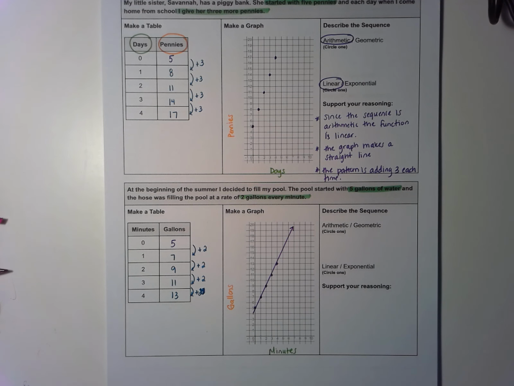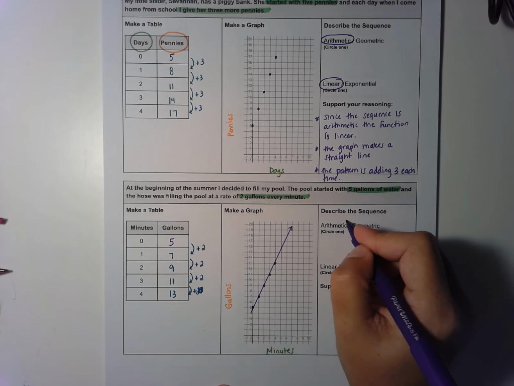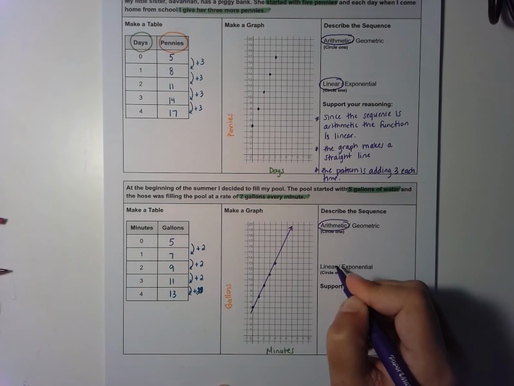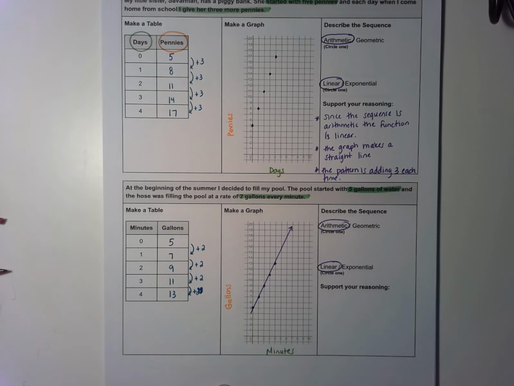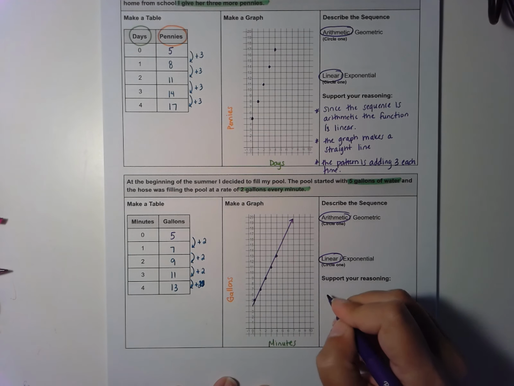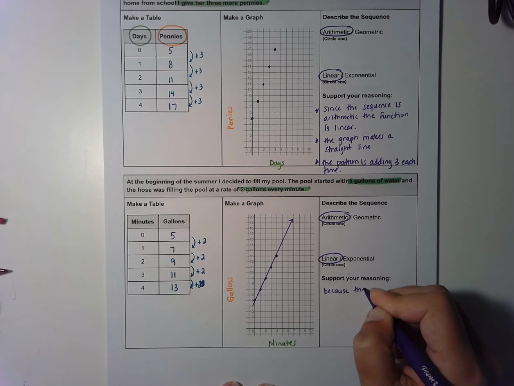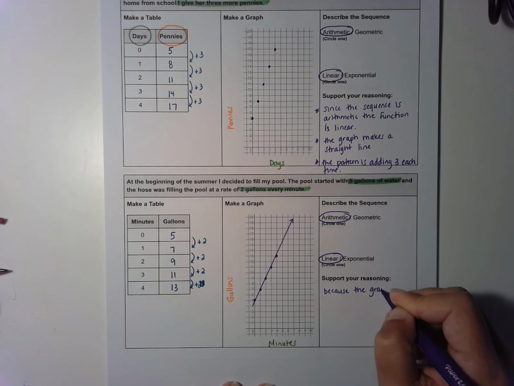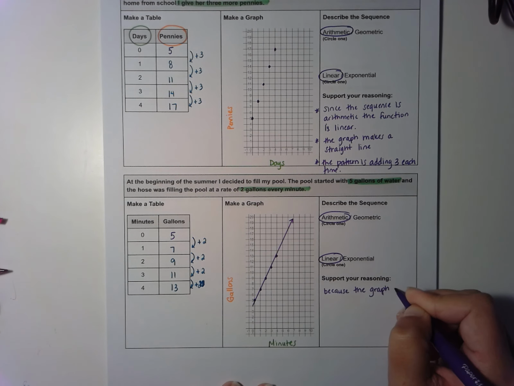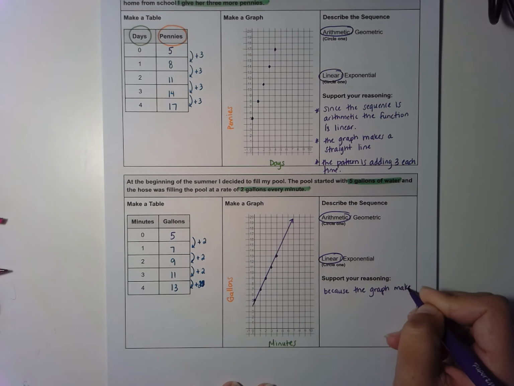Now, when we describe this sequence, we would still call it arithmetic, and we would automatically say that that also makes it linear. And our reason, I like to use the reason because the graph makes a straight line.